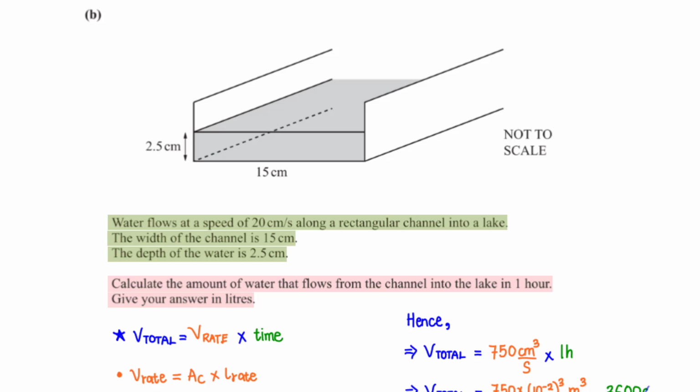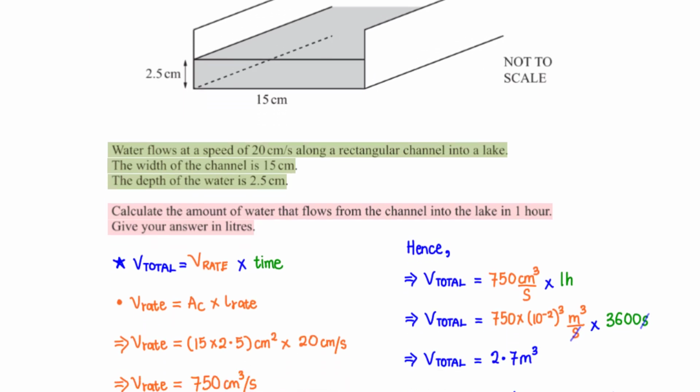To find the total volume of water that flows through the channel, that will be equal to the volume rate, which in this case is the volume of water going into the lake every second, times the total time duration. We've been given the time duration as 1 hour, so let's find the volume rate.